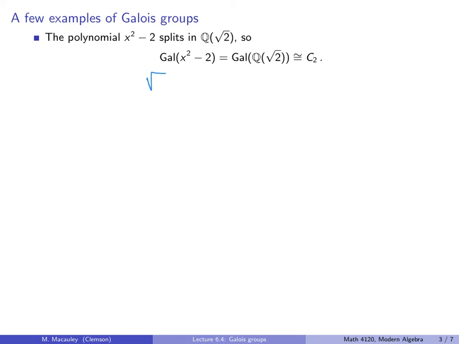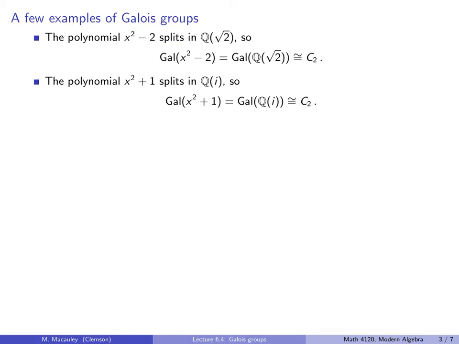So consider the automorphism that sends root 2 to negative root 2. Recall that that is an automorphism of this field. And then we have the identity automorphism as well. And those are, in fact, the only two automorphisms. And so the Galois group has order 2, and so up to isomorphism, it has to be C2.